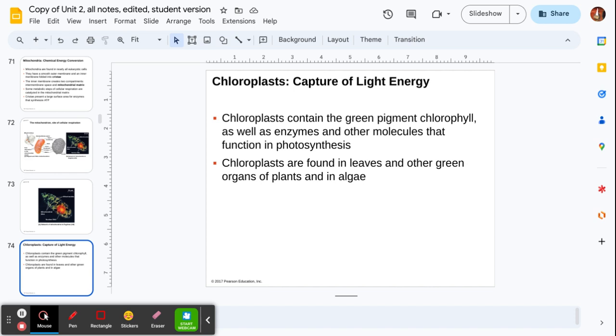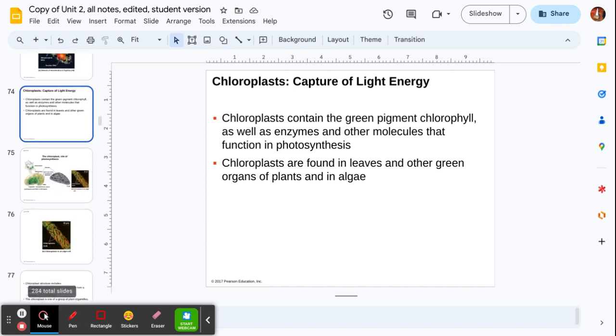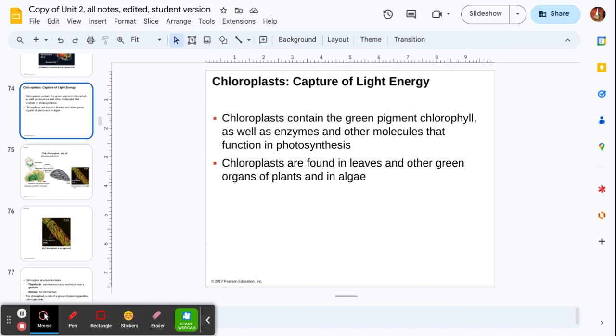Chloroplasts are going to be responsible for capturing light energy and converting it into mostly sugar molecules, but then into bigger molecules as well. And they can convert those into polysaccharides, or lipids or proteins or all sorts of different things. But they're taking in light energy. That's kind of the key.